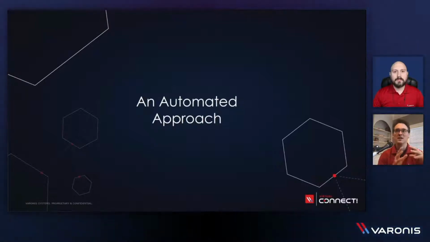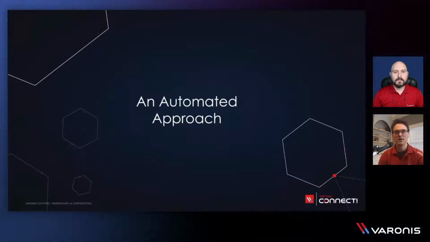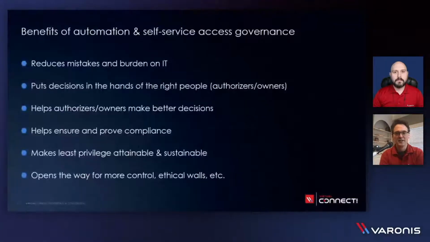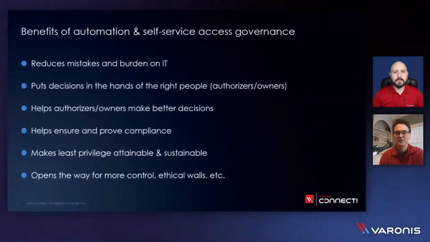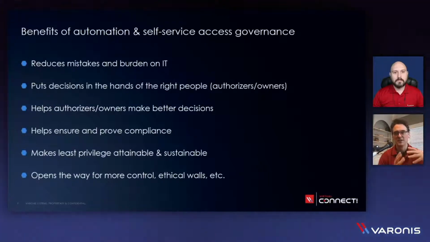So this is something that, especially in the on-prem file stores, can be vastly improved with automation. And the benefits of automating this, not just the provisioning process, but the attestation or entitlement review process, is pretty huge.